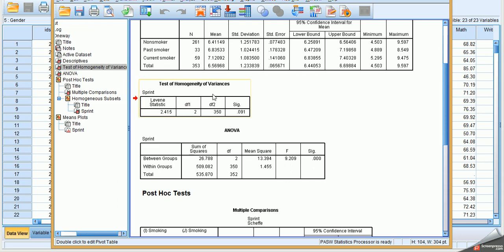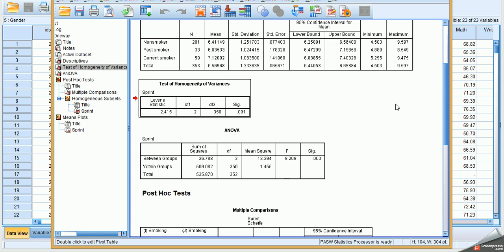Alright, here's the test of homogeneity of variance. Here we have 0.09, which is more than 0.05. The null hypothesis says that the variances are equal, and the alternative hypothesis says that the variances are different, not equal.